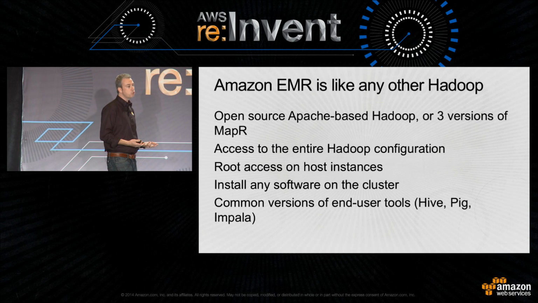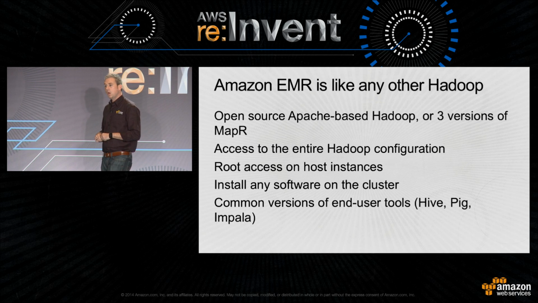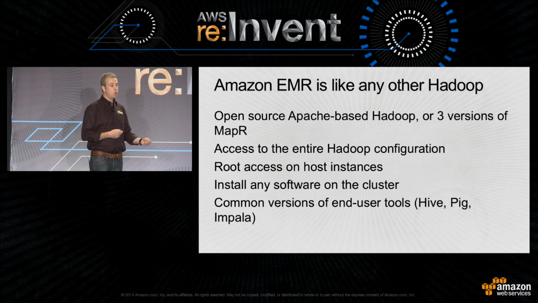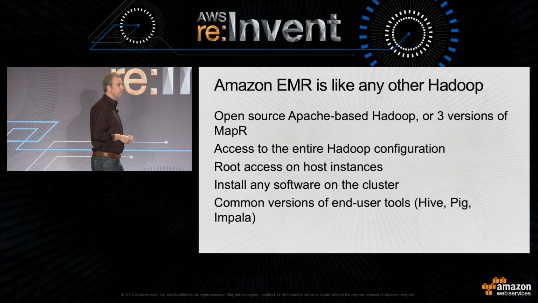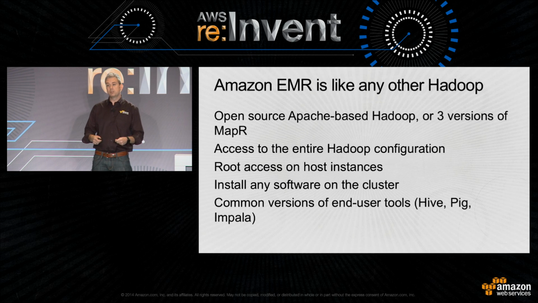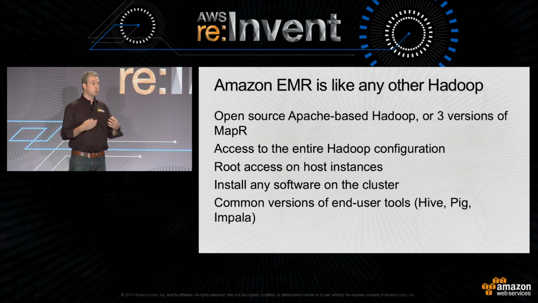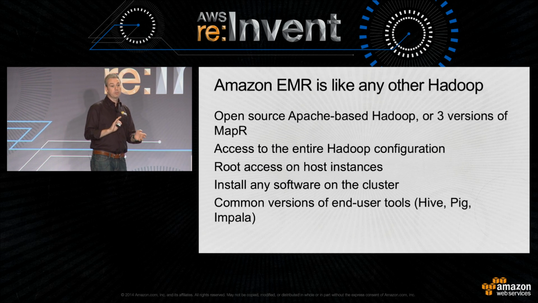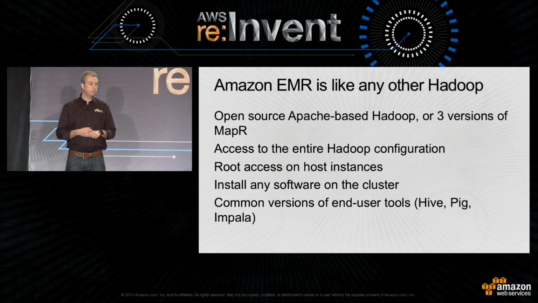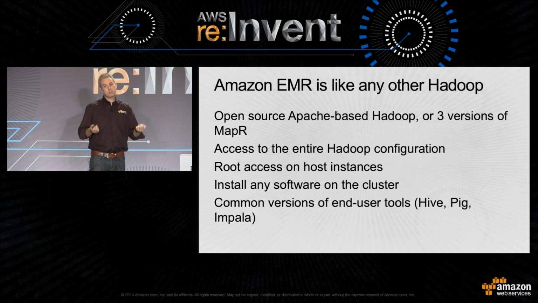You have as much control over this environment as you do the cluster that you would build yourself on top of EC2, but you're able to take advantage of all of the installation automation in order to make your job a lot easier, so that you can focus on what is the logic that I'm deploying, what is the business problem that I'm solving, and not doing the undifferentiated heavy lifting of installing software, managing upgrades, and ensuring that tools work together between different versions. You can install absolutely anything you want on the cluster. As part of your workflow, you can completely reconfigure Hadoop and bounce the nodes if you need to.